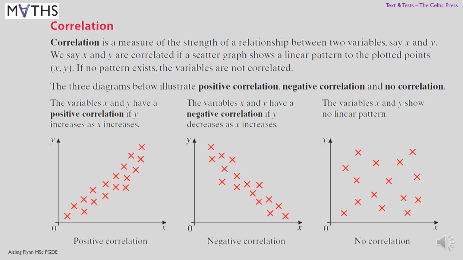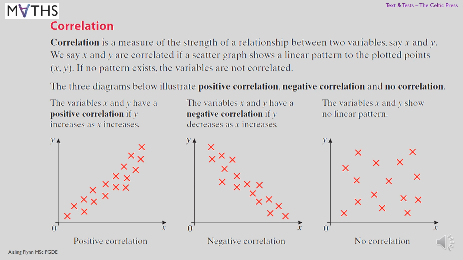So when you plot them against each other, do you see a straight line or something like a straight line? If no pattern exists, the variables are not correlated. The three diagrams below illustrate positive correlation, negative correlation, and no correlation.